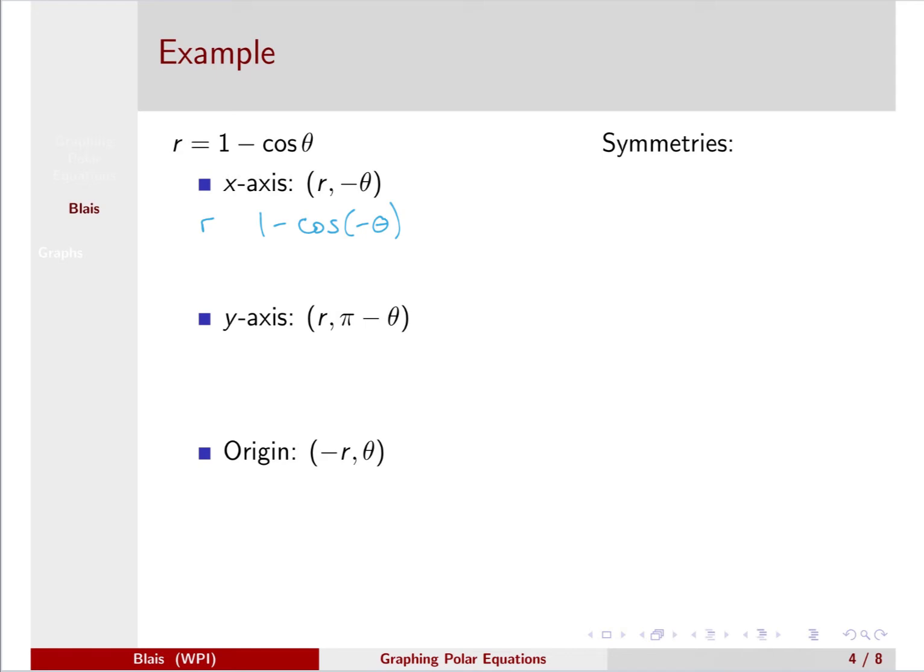But recall that cosine of theta is an even function. So we get r equals 1 minus cosine of theta, again, because cosine is even. And notice we have, in fact, recovered the original equation. So we do have x-axis symmetry.